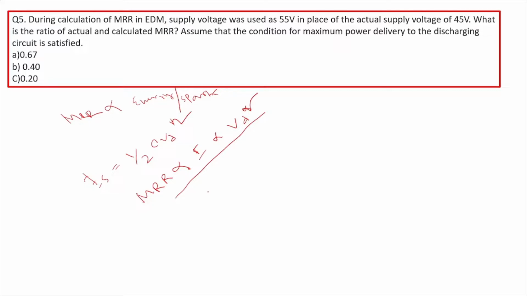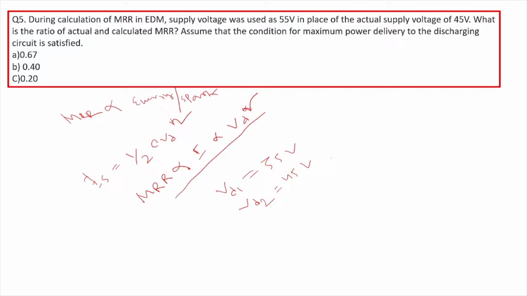Using this relation, the voltage V D1 is given as 55 volt, and V D2 is 45 volt. That is, the voltage actually used for calculation is 55 volt, and the actual voltage is 45 volt.